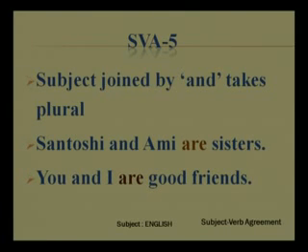So in the first sentence we are talking about two people, Santoshi and Ami. They are two, and that's why it's plural, and that's why we have used are. You and I: you as singular, I as singular, but you and I becomes plural, and that's why I've used the word are.